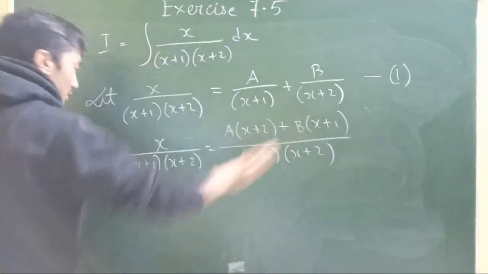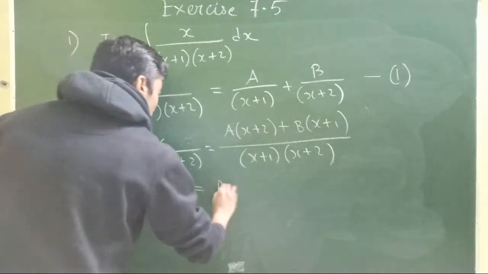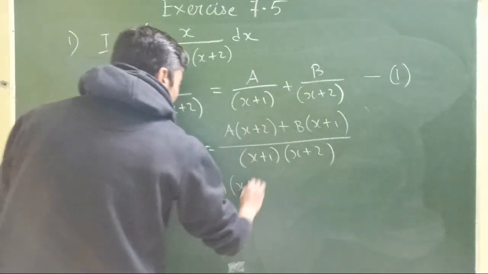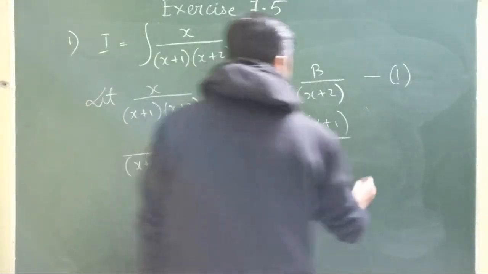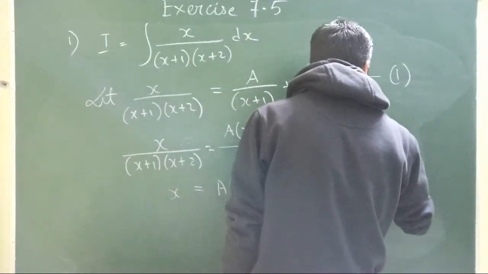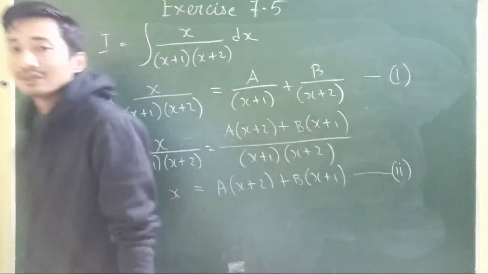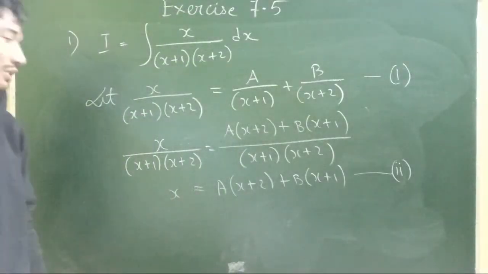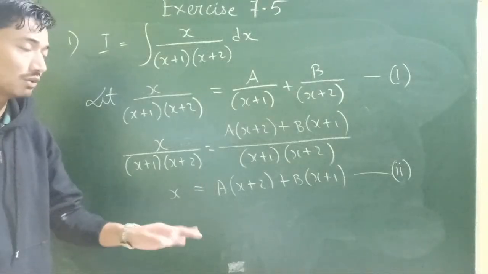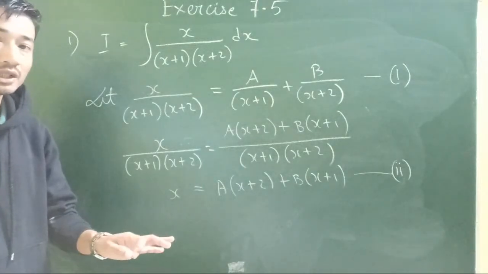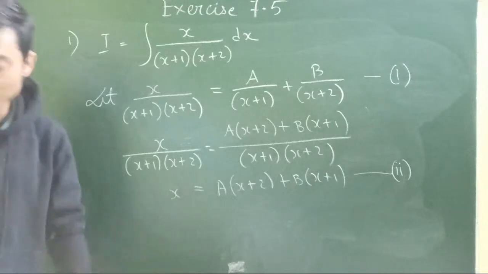So x will be equal to a(x plus 2) plus b(x plus 1). I'll just write one more equation, equation number 2. Equation numbers, wherever you feel convenient, you just keep on marking where you might feel that you might come back and have to solve again. That's up to you.